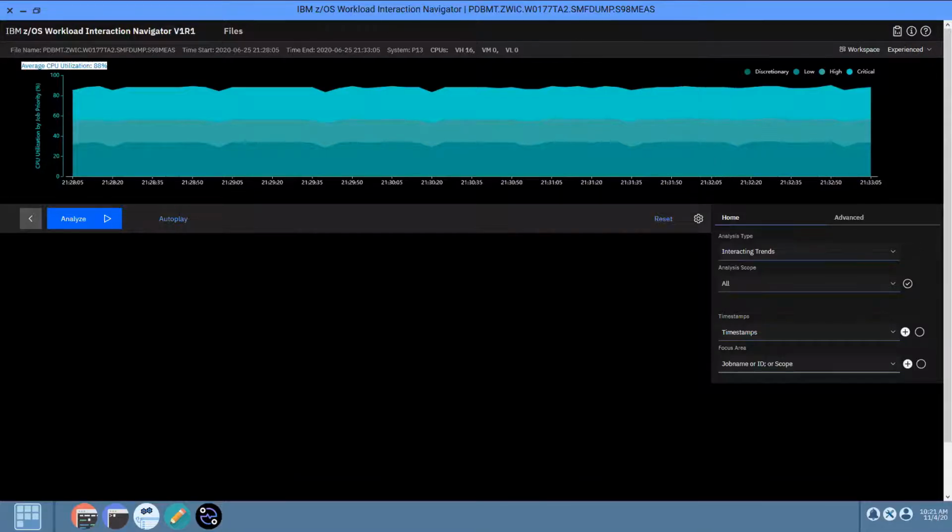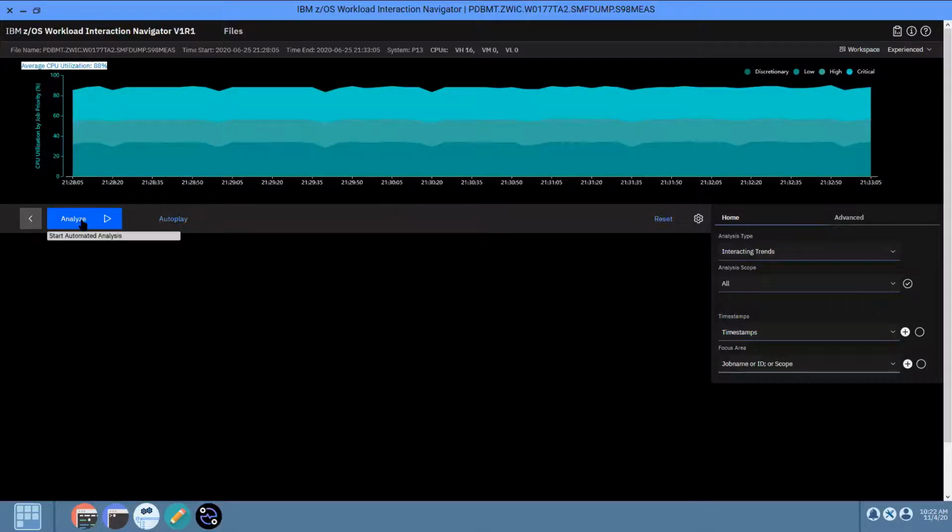But what we can see by looking at this graph is that there are some patterns in the CPU utilization, where about every 60 seconds or so, the CPU utilization drops. Normally it's about 88% utilization overall, but it drops down to about 85% utilization at every one of these values, which happens about every 60 seconds. So basically the Navigator has an automated analysis capability built into the technology.